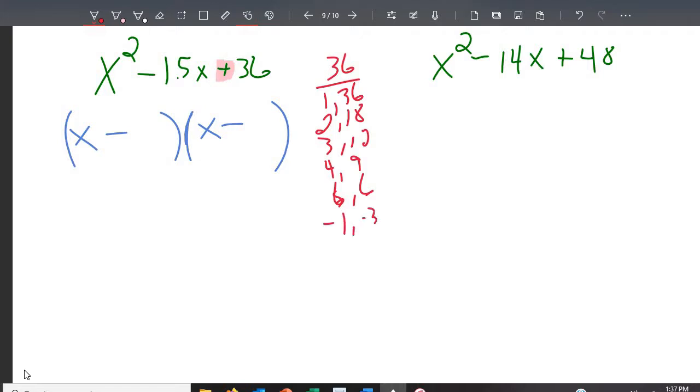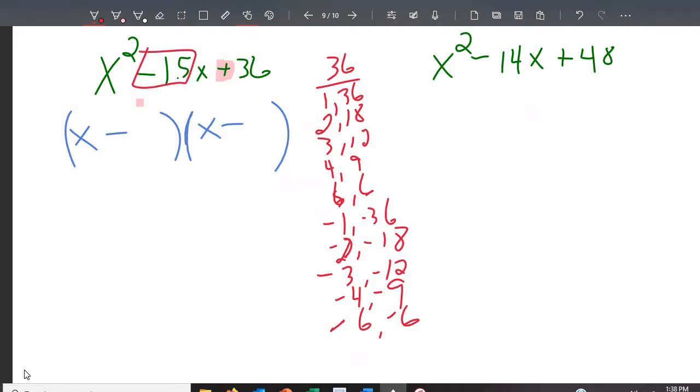And then list them all again. Alright, so we're looking for -15. If I go down the line and I add these numbers up, these two numbers give me -15. So we're going to put a -3 in one and a -12 in the other.